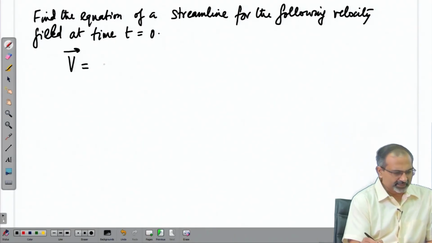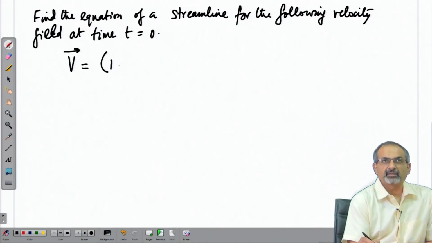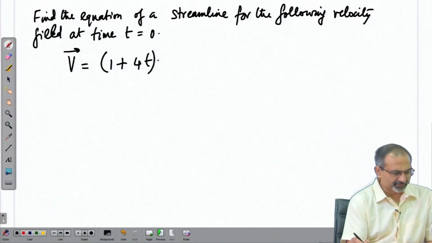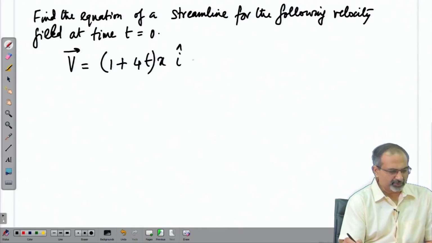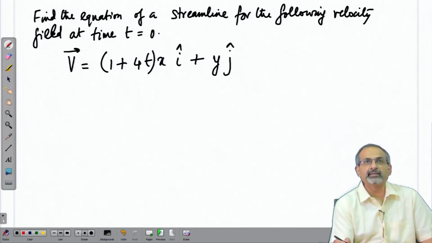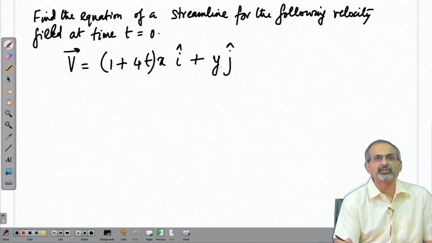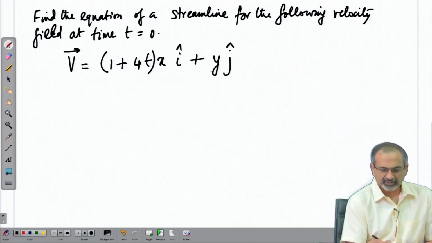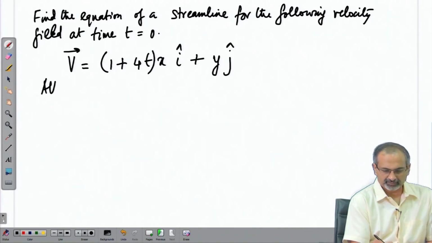We will later see that when we discuss path lines and streak lines, we will use the same velocity field to obtain the equations of path line and streak line as well, and then we will get back to the streamline equation and compare and see whether they match or are different.